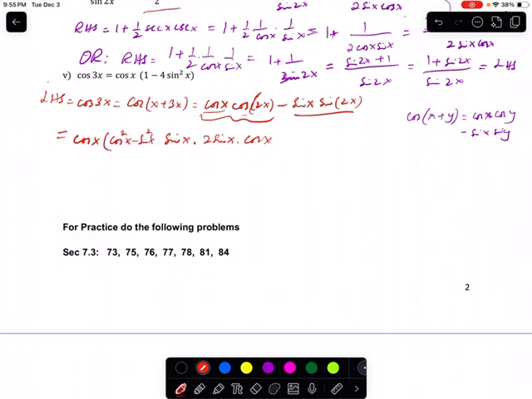But if you notice, what we have to show is cosine x times 1 minus 4 sine square x. So we have no cosine square x term, so it would be better if we use the other formula for the cosine, which has no cosine square x.